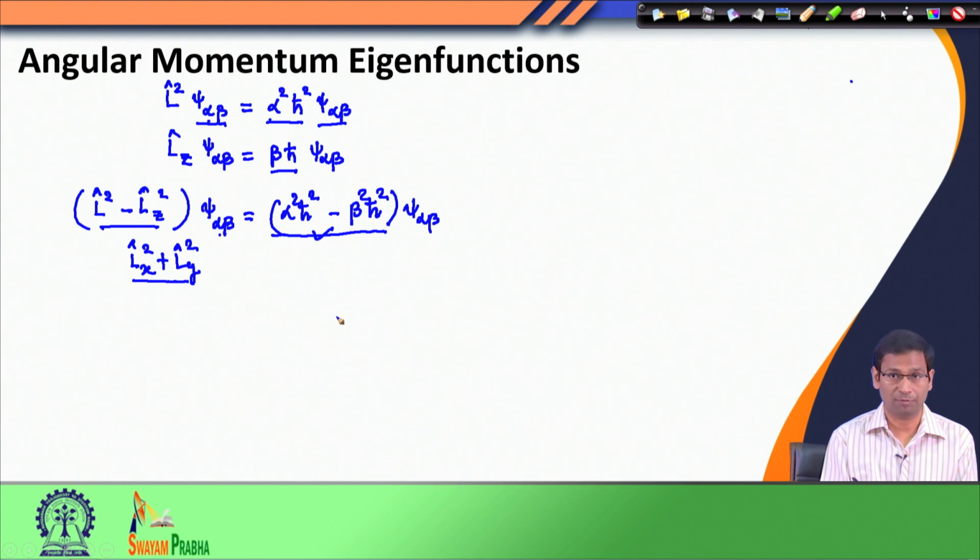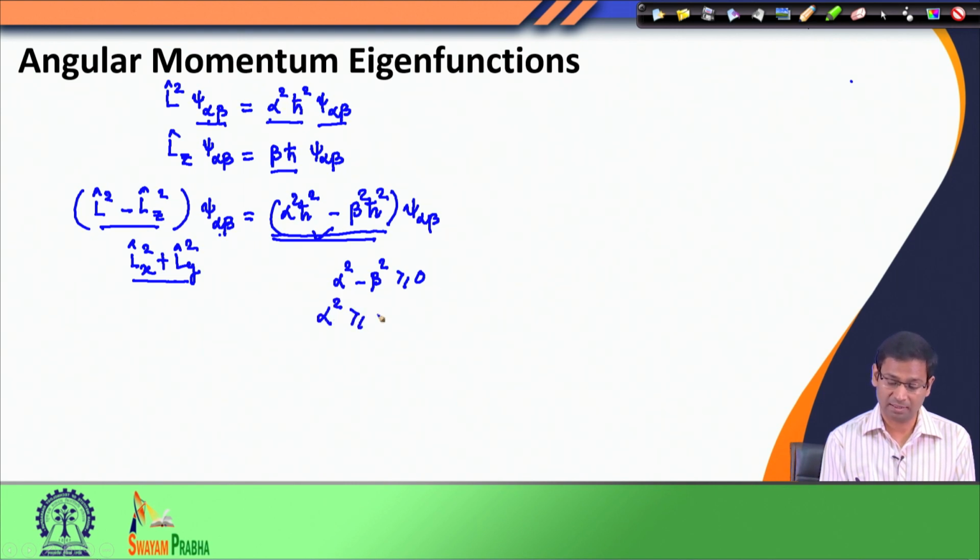So the eigenvalues of Lx square and Ly square are real and positive. Therefore, alpha square h bar square minus beta square h bar square is real and positive. So, alpha square minus beta square is greater than or equal to 0, and therefore alpha square is greater than or equal to beta square.